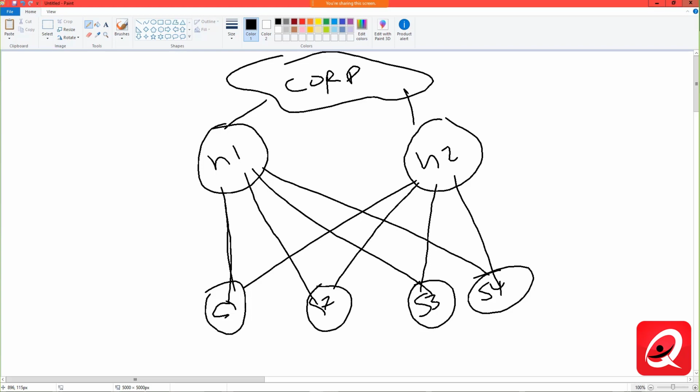Now, even though it appears as though these spoke routers can act as transit routers, say to get from hub 2, let me draw a different color here, we could potentially go this way to get over to corp. But we really would never take that path because it's a suboptimal path.